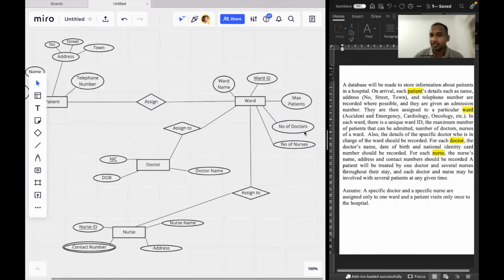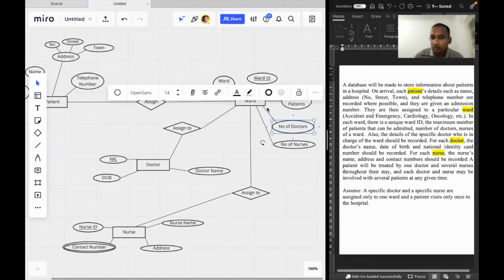In such a situation, this attribute we call a derived attribute. That means how many doctors are available can be calculated by this assigned to relationship. Therefore we call this one a derived attribute. If it is a derived attribute, you can denote it in 2 ways.